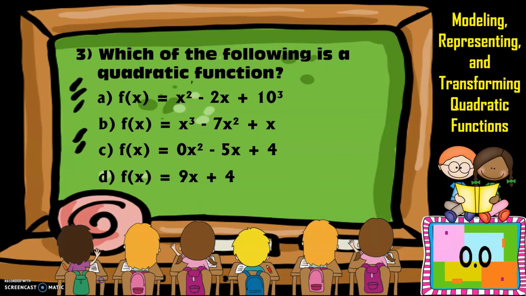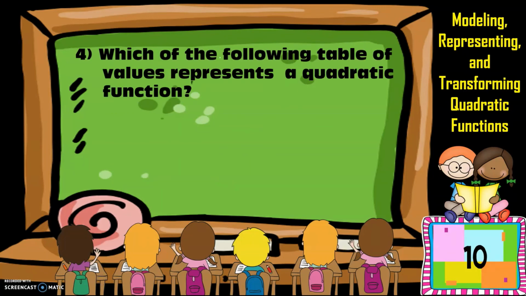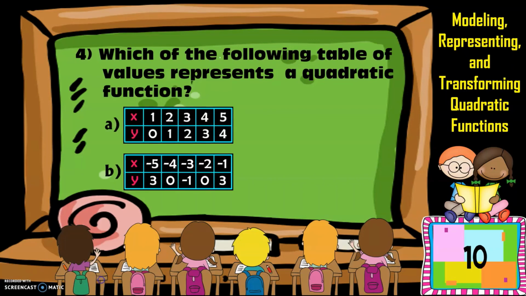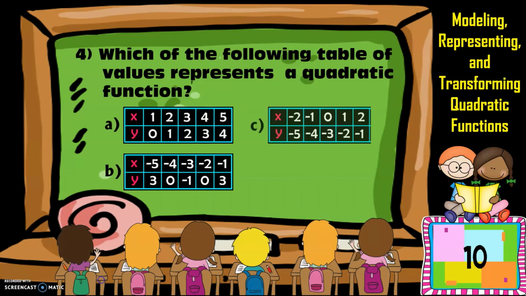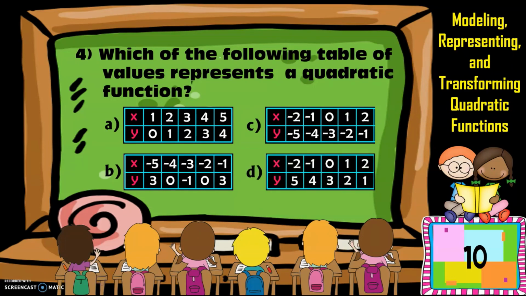Time's up. Number 4. Which of the following table of values represents a quadratic function? Is it A, B, C, or D? Your timer starts now.